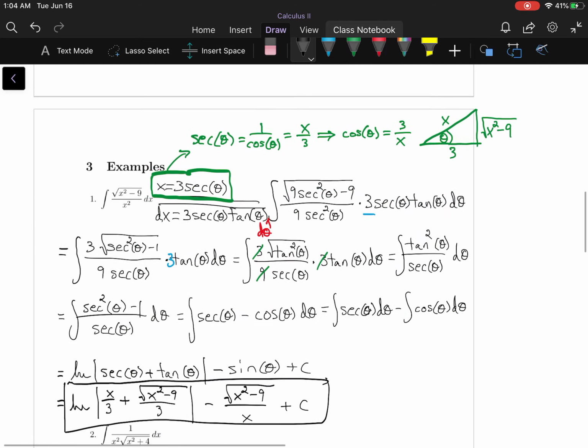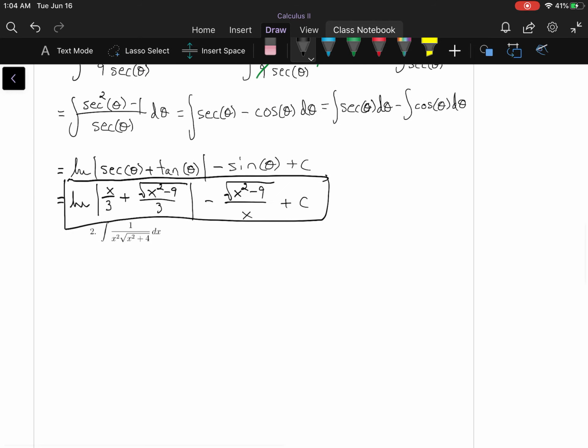So that's going to be 2 tan theta. So over here, x equals 2 tan theta, which means dx equals 2 secant squared theta d theta.